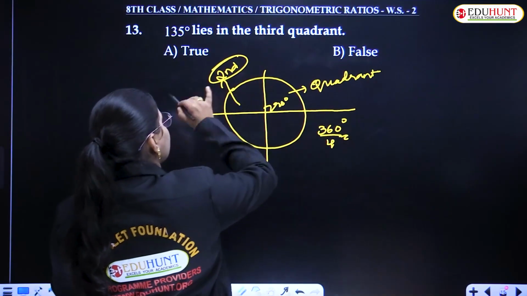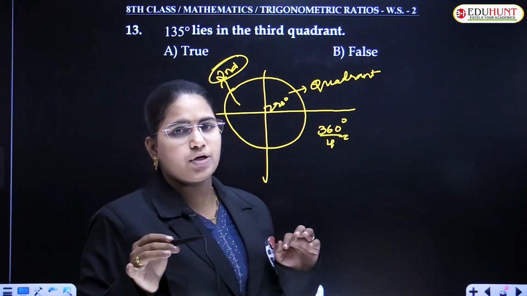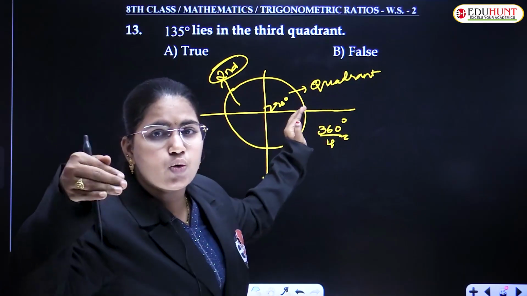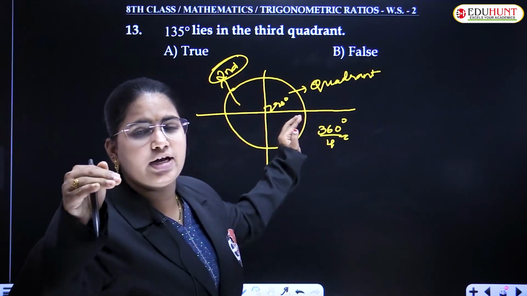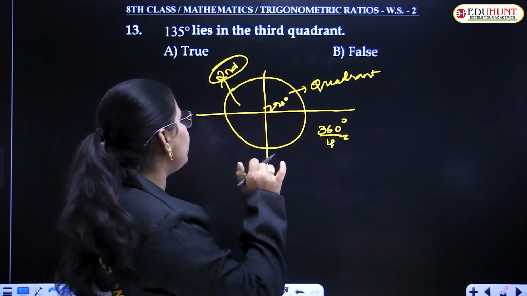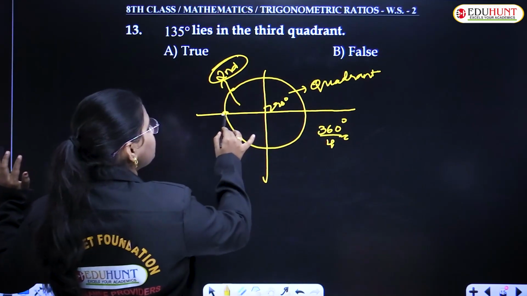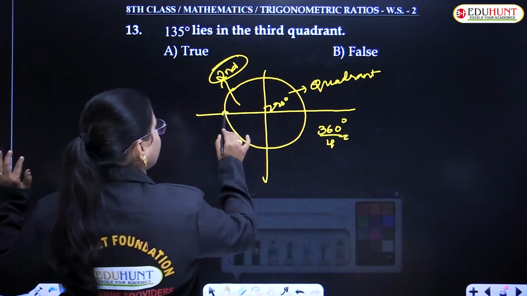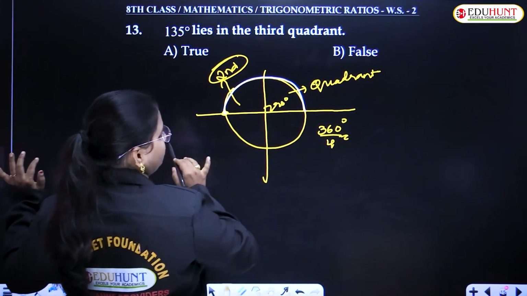It lies in the second quadrant, because it is greater than 90, 90 కన్నా ఎక్కువ, less than 180, 180 కన్నా తక్కువ. If you measure with a protractor, this exactly is 180. From here to here it is 180.